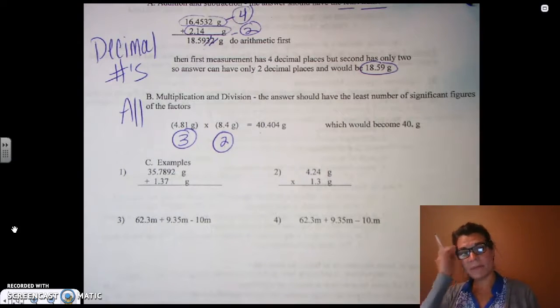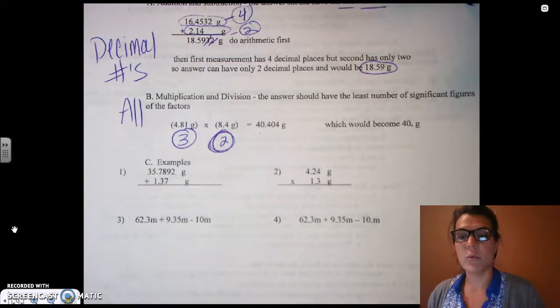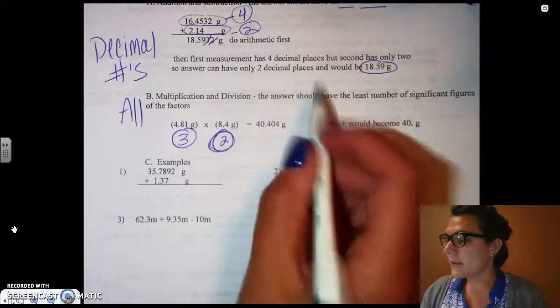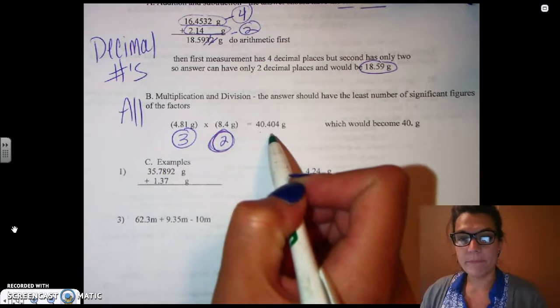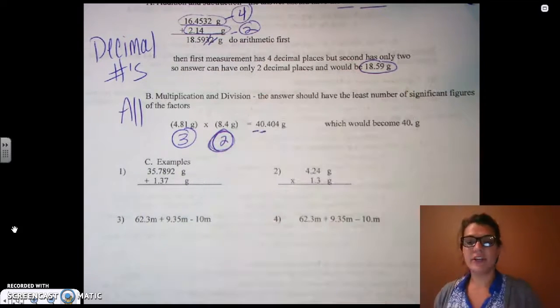Now you need to remember, my answer is only going to be reported to 2 significant figures. Why? It's the smallest one, and I can only be as precise as my smallest sig fig. Okay? So, since my answer is 40.404, I'm only going to have 2 significant figures, in the tens and the ones place.